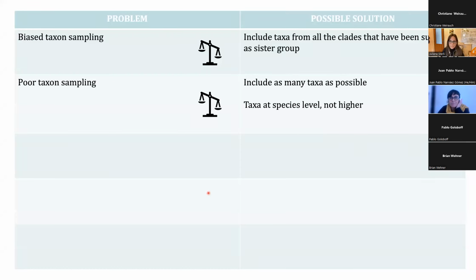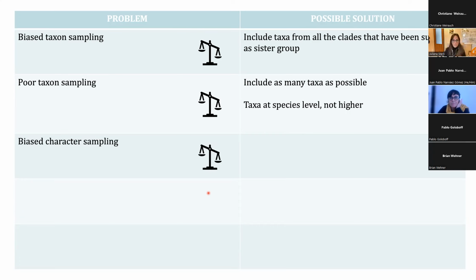Include as many taxa as possible, and taxa at the species level, not higher, because again, in many of these phylogenies I was showing you, the terminal taxa are not species, but higher groups like families or even higher.